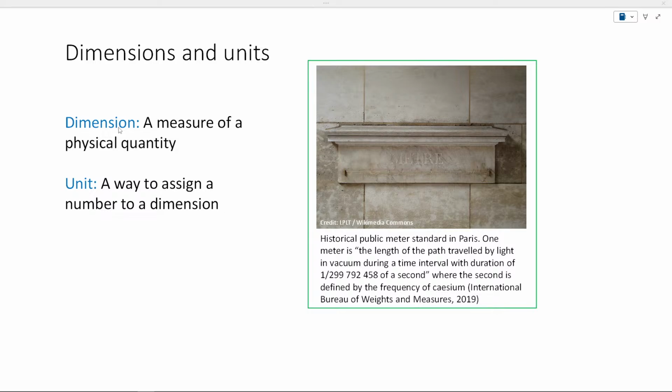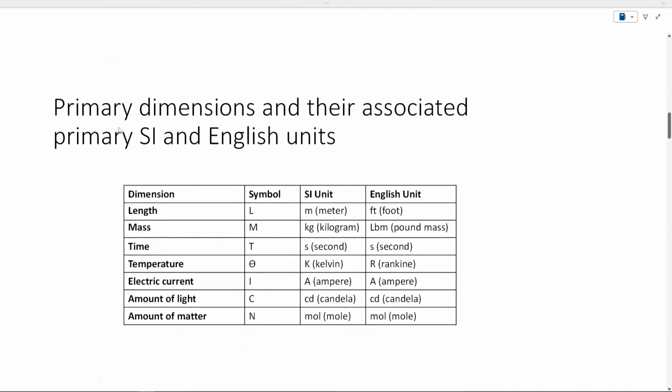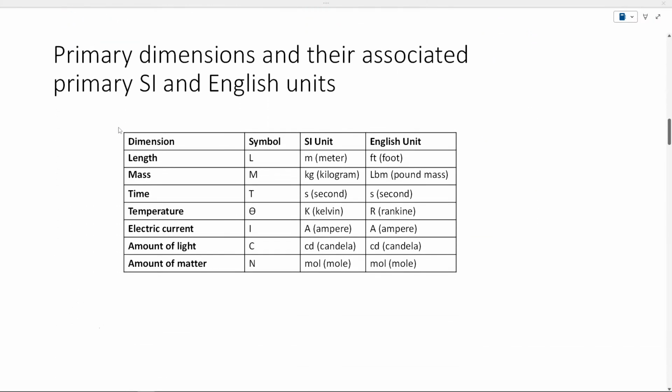So there are physics primary dimensions, also called fundamental or basic dimensions. Anything you're doing in physics, as I will show you now, could be reduced to 7 things. These 7 primary dimensions are: length, whose SI unit is the meter, and whose English unit is the foot.